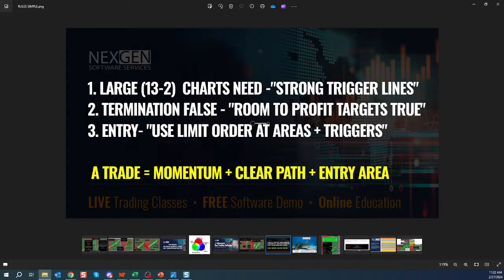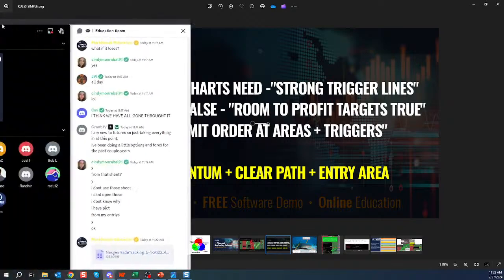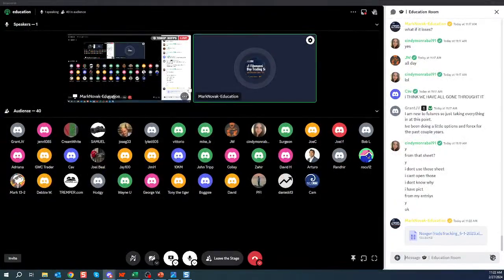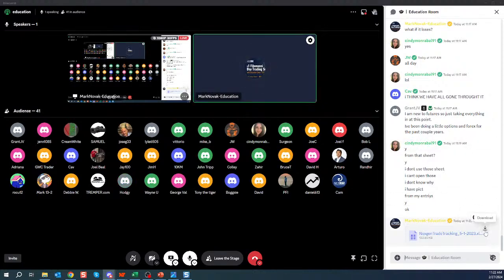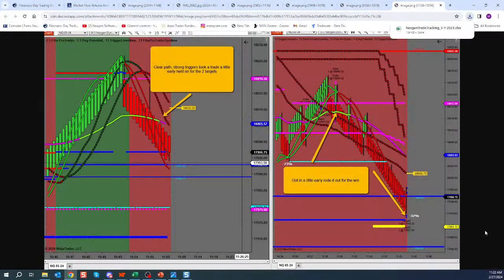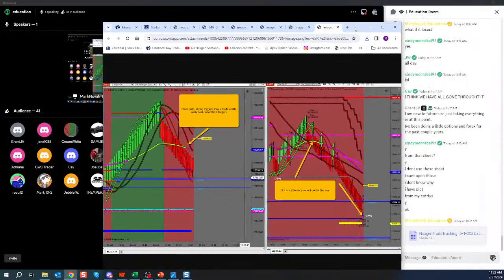101, Nexgen tracking. All right. So there is mine. And I'm going to bring up the room, and hopefully this doesn't give anyone a seizure with all that. So I want you to click the download button. And then once you click the download button, it's going to pull it up in your downloads. So now it's officially downloaded.